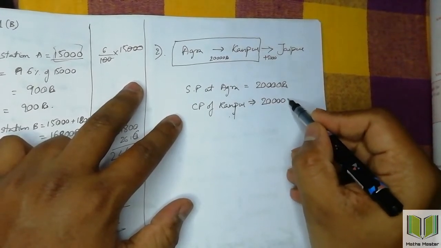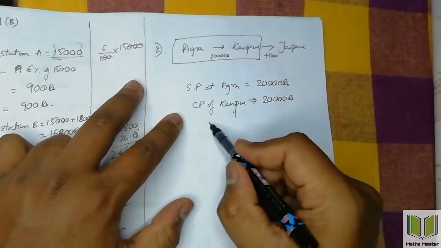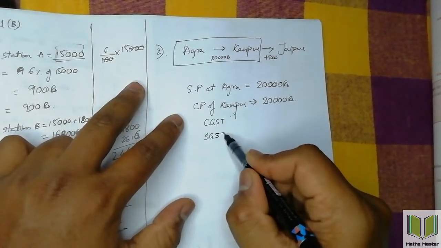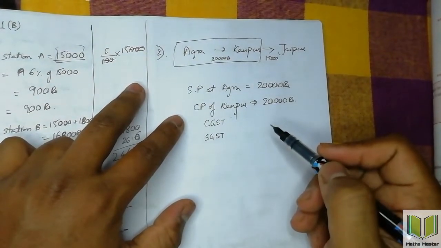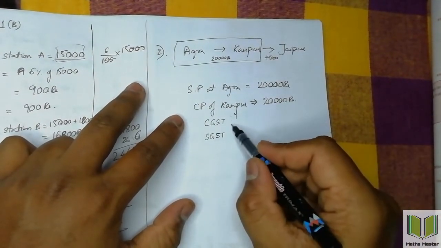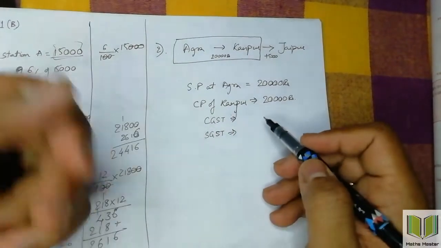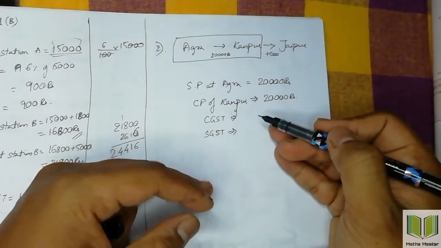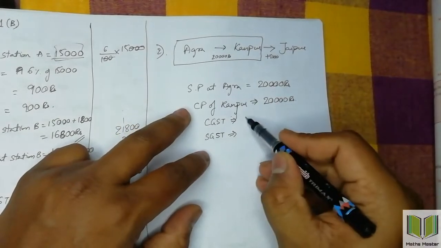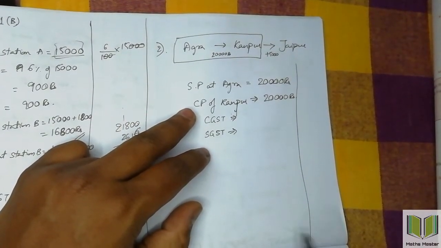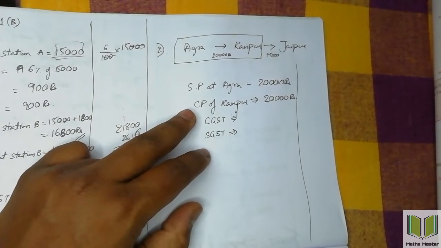Now CGST and SGST will be paid by the person of Kanpur, which is nothing but the input tax. While buying an item, he has to pay a certain tax, which is what I'm calculating over here. The tax is 18% in all the transactions.